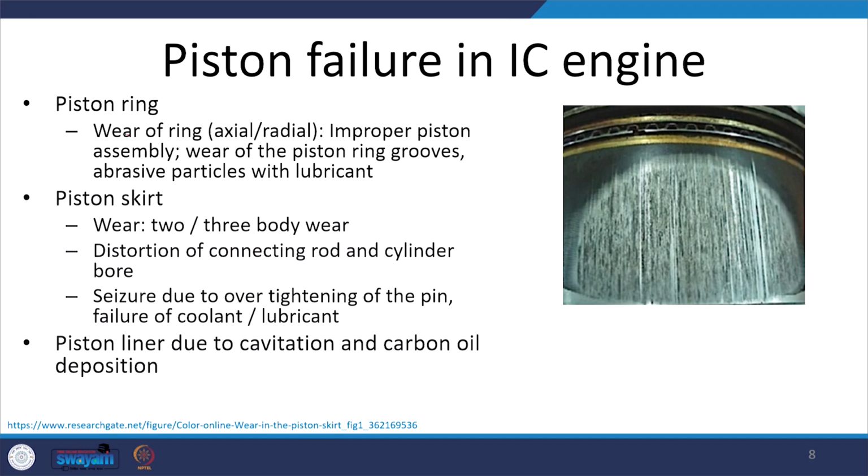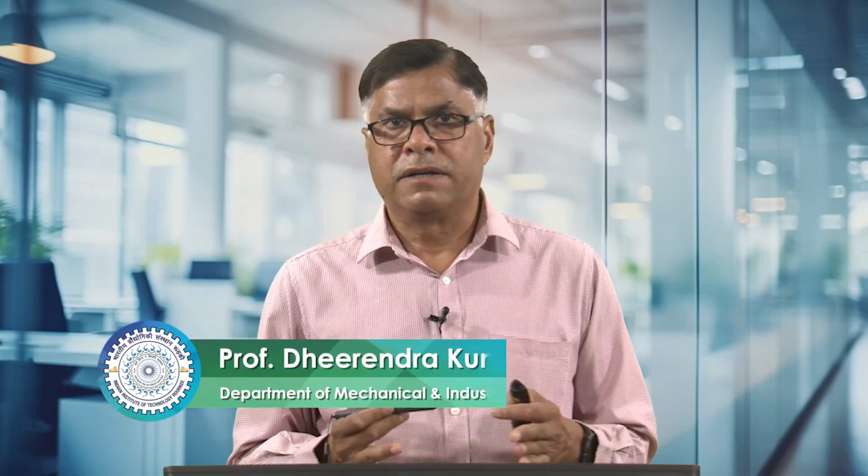Then piston ring wear, which may be axial and radial, is due to improper piston assembly, wear of the piston rings and grooves, or abrasive particles coming in between the cylinder liner and the piston due to impurities and abrasive particles in the lubricant.